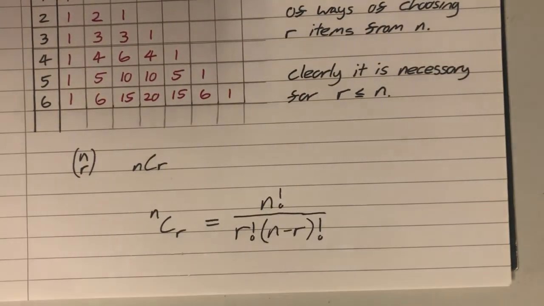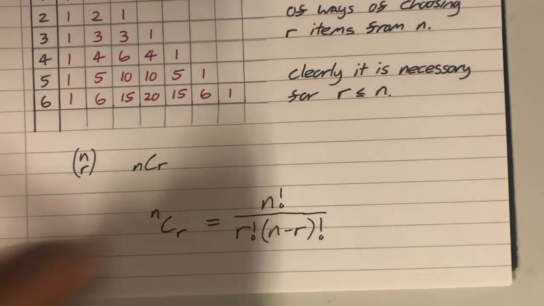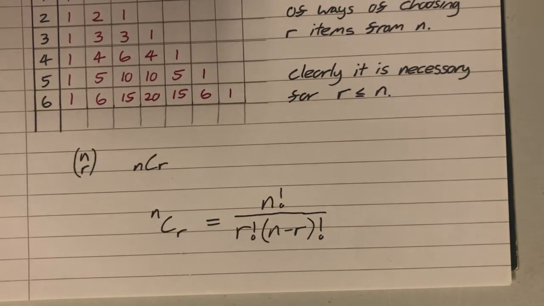Okay, that is the factorial definition of the choose function, also known as the combinations function, or the number of combinations that you can choose. And it gives you all the elements of Pascal's triangle without you having to draw the triangle out.